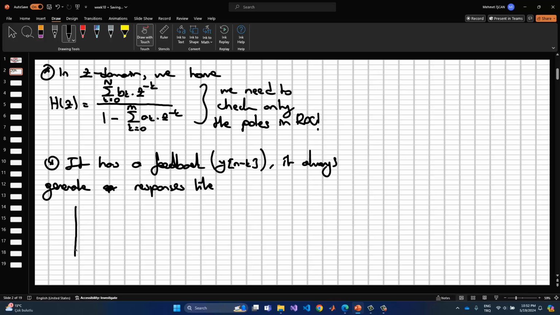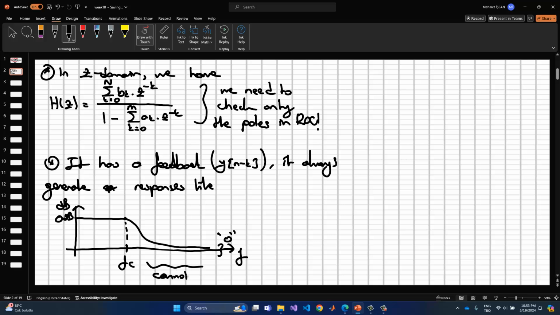For example, in the Bode plot we have the frequency values in here, and we can draw the cutoff frequency just like this one, and so we can design the IIR filter with 0 dB, the maximum flat value at the cutoff frequency, and after the cutoff frequency this approaches 0. Okay, but it cannot be exactly 0.